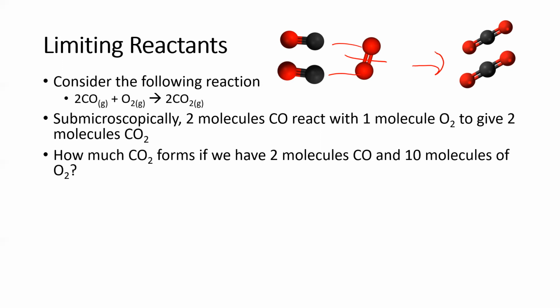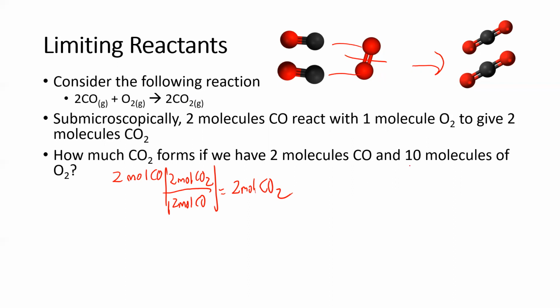So how much CO2 would be produced if I had 2 molecules of CO but 10 molecules of O2? Well, just like we did with the ratios in the pancake recipe, I'm going to put moles of CO. Well, I know that in 2 moles of CO, there's 2 moles of CO2. So this could produce 2 moles of CO2.